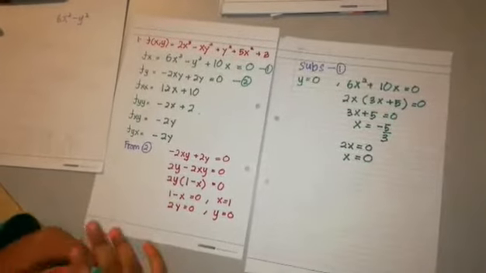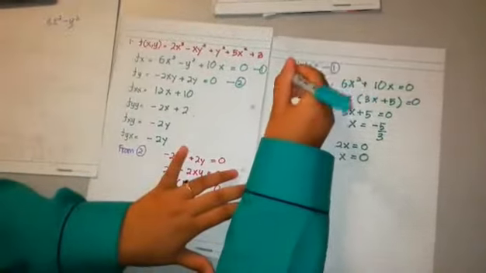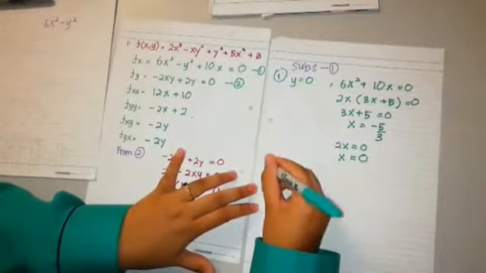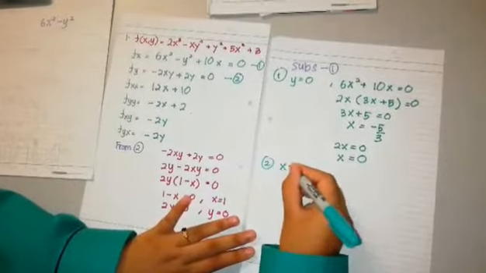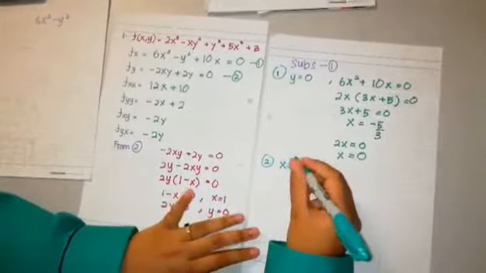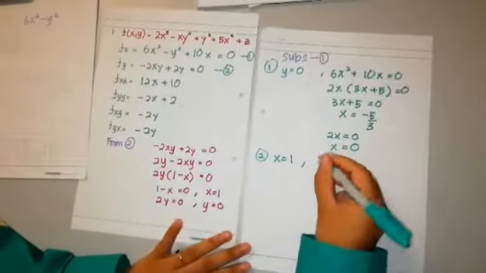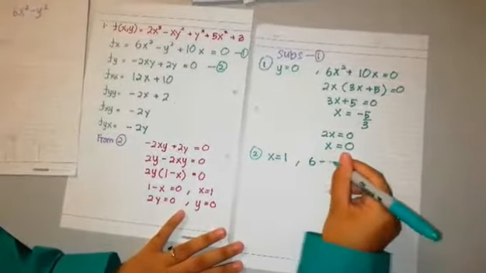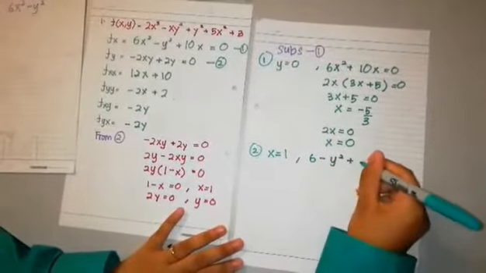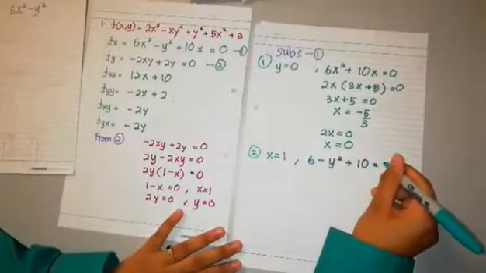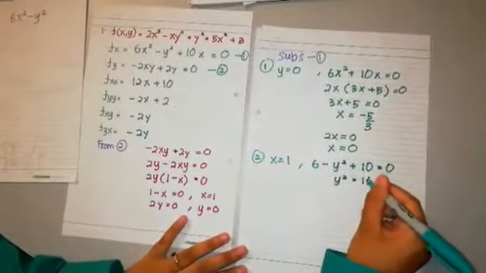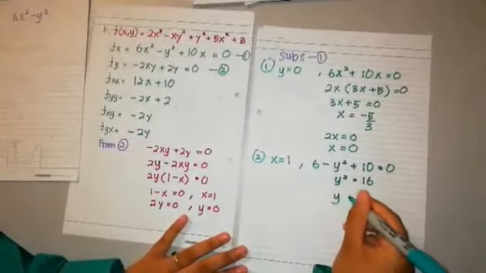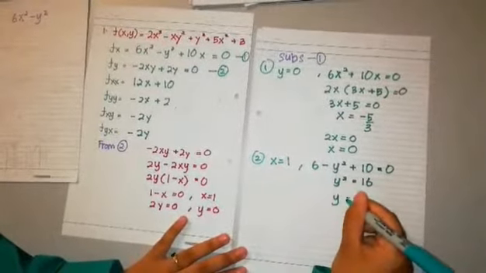Next, this is number 1 and this is number 2. Let's substitute when x equals 1. When x equals 1, we will get 6 minus y squared plus 10 equals 0, and we will get y squared equals 16. Hence, y equals plus or minus 4.